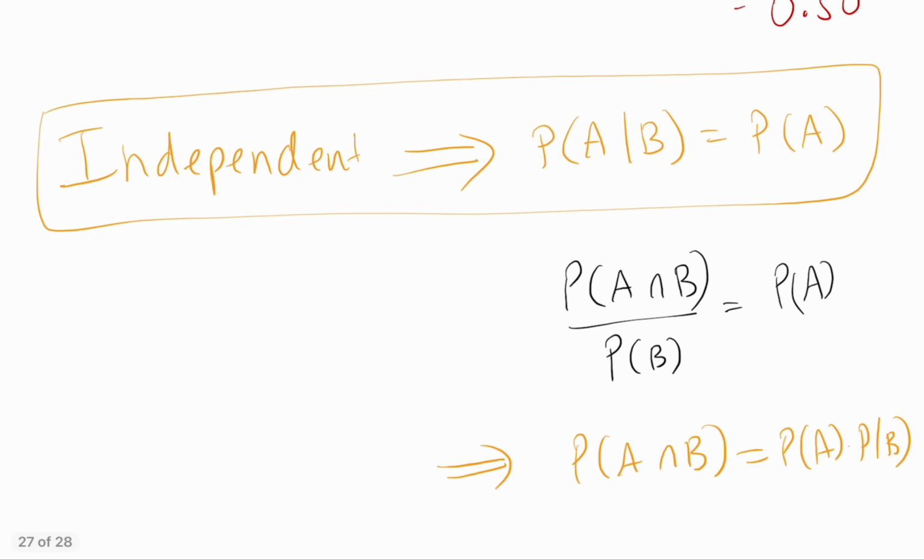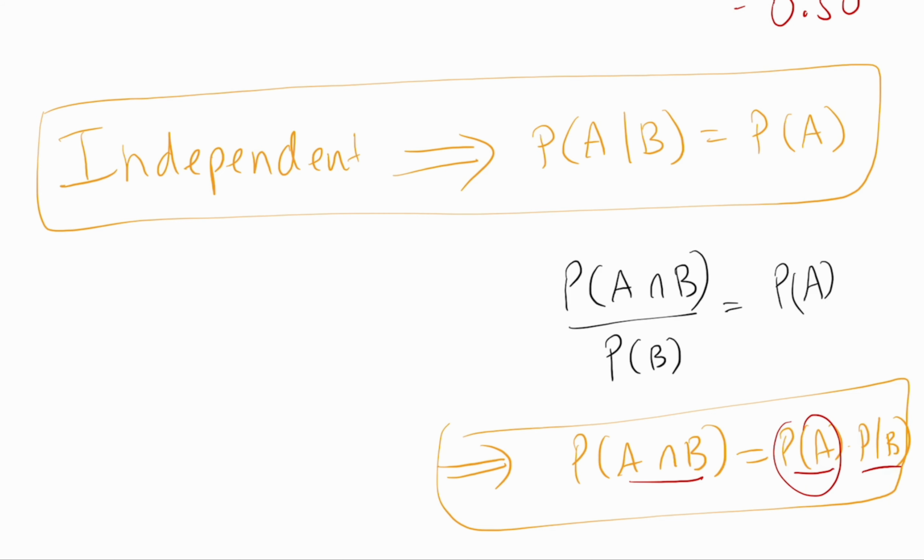And now we have a new way to think about what it means for two events to be independent. It means that the likelihood of their overlap, the likelihood of both of them happening, is simply their product. In this case, the likelihood of college and voting, if they're truly independent, means that their overlap must simply be their product. We see this all the time.